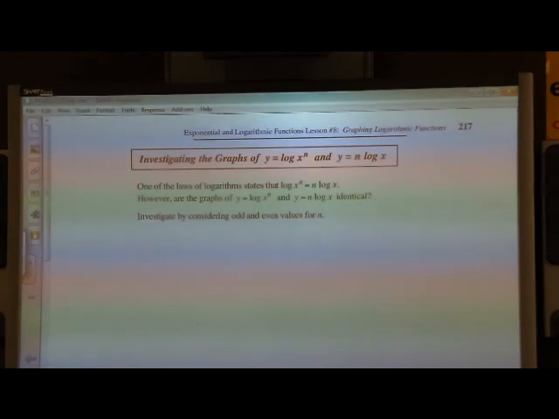Last question. One of the laws of logarithms says that log of x to the power of n is equal to n times log x. So the question is, are the graphs identical? In order to state yes or no, the graphs are identical, we're going to consider even and odd values for n.